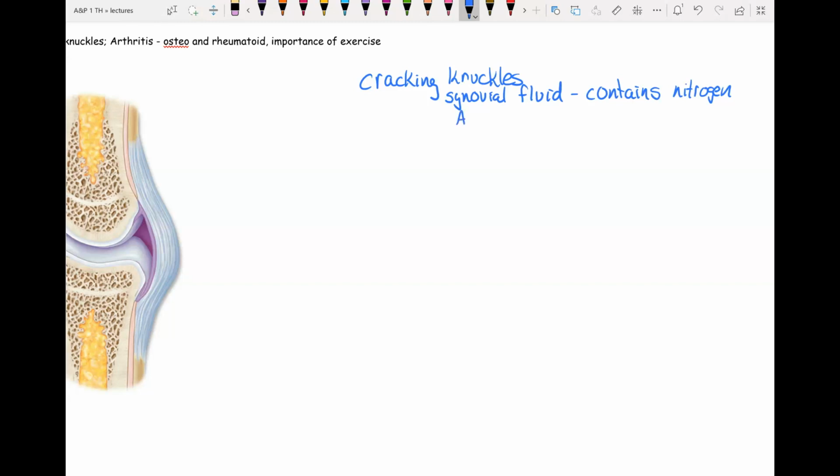So at body temperature, nitrogen is kind of right on the fence between being a gas or a liquid. If your body were a little hotter, the nitrogen would definitely be gas. If the body were a little colder, the nitrogen would definitely be liquid. But you're right on the fence there, at body temperature.